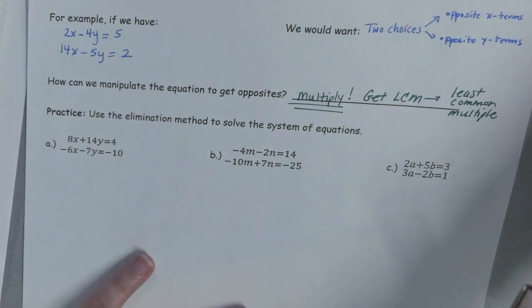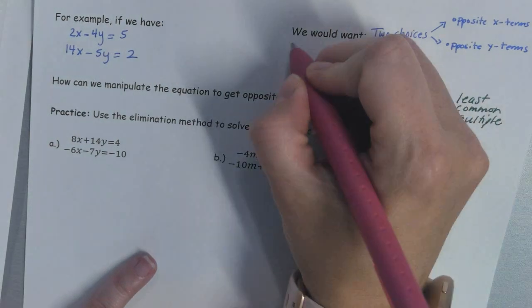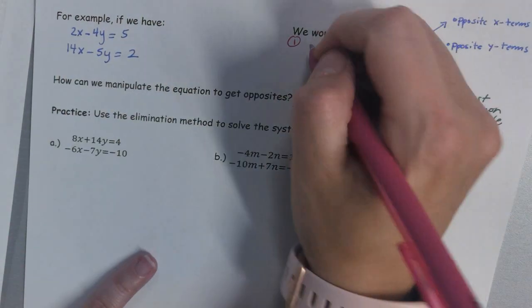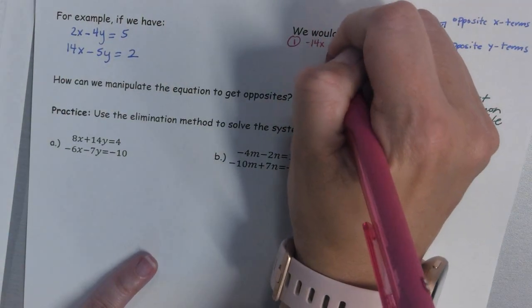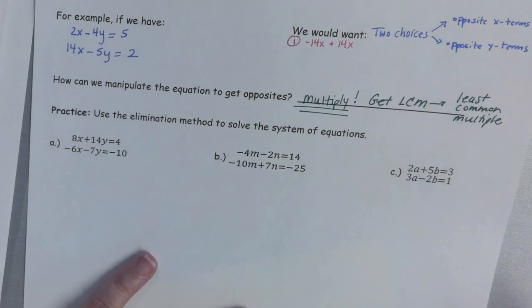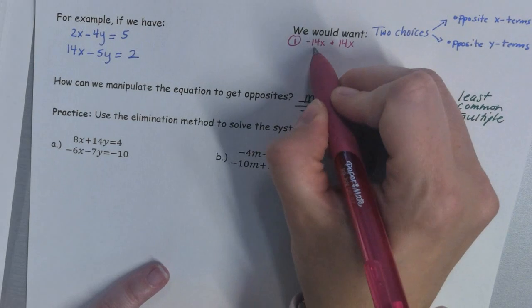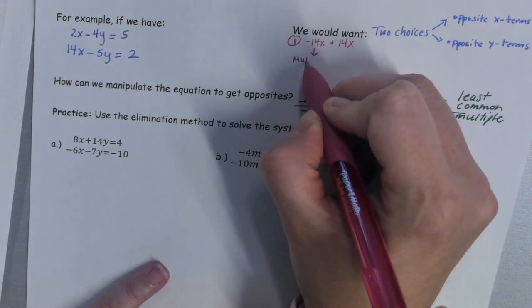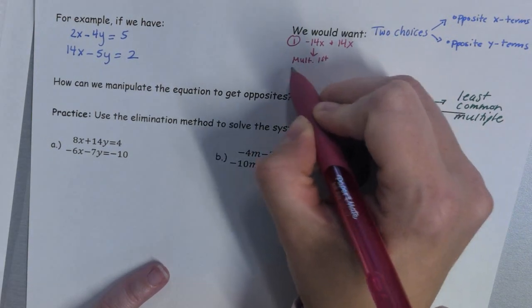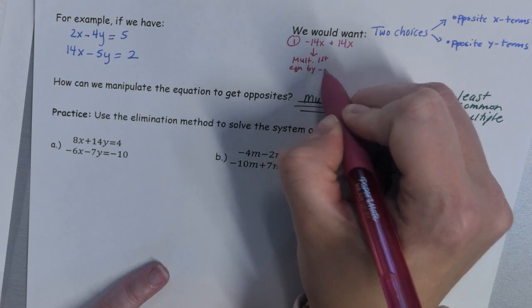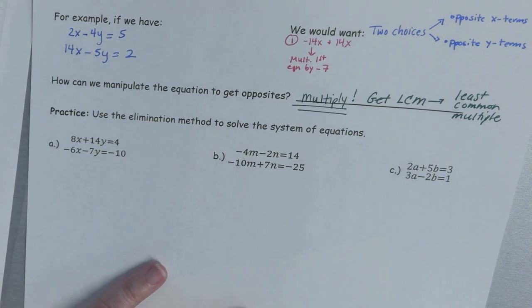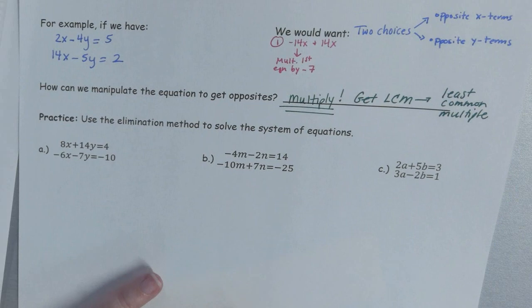Okay, so choice 1 would be getting negative 14x and 14x. And then, like Dane said, we're going to multiply the first equation by negative 7. That's what we would do. We are actually going to do it with our examples, but we're just talking about the y's right now.